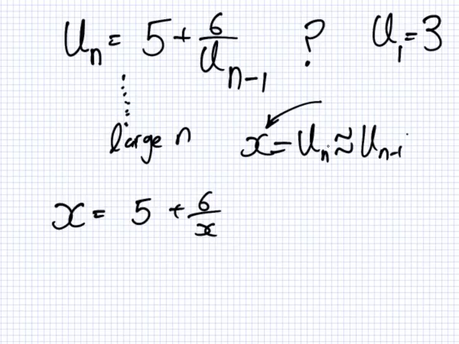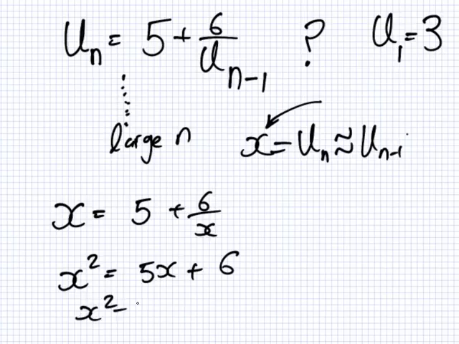Does anybody know what I should do first to solve this? Multiply by x. So this becomes x squared equals 5x plus 6. So this becomes x squared minus 5x minus 6.